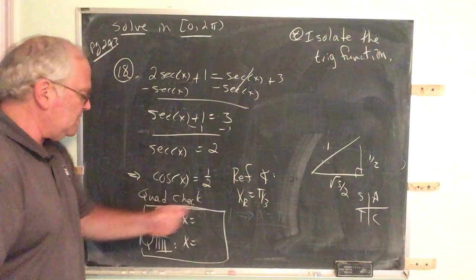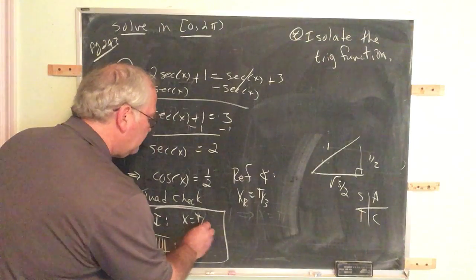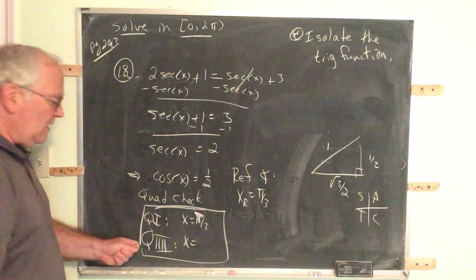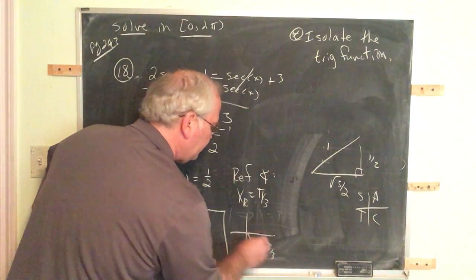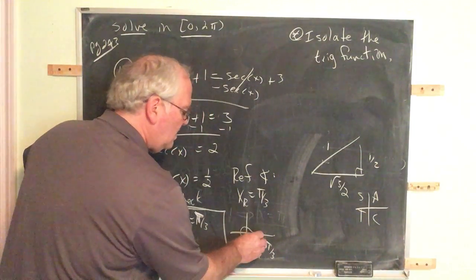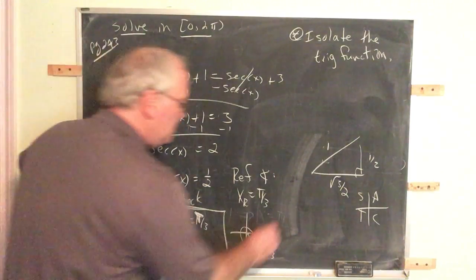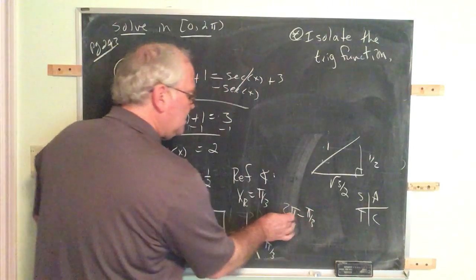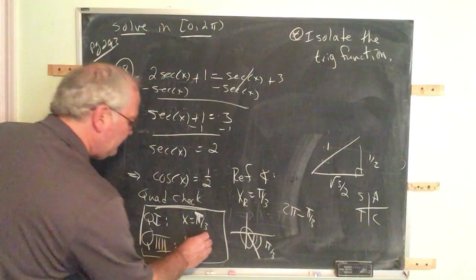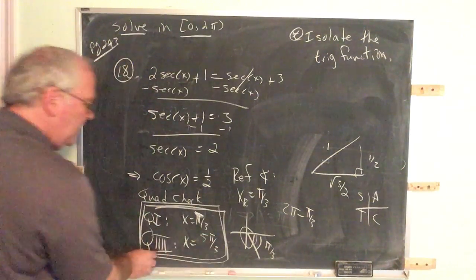Pi over 3 in quadrant 1 as a reference angle. Well, reference angle is the same as the angle in quadrant 1, pi over 3. And in quadrant 4, we know what that is. If this is pi over 3, that's 2 pi subtract off pi over 3. 6/3 minus 1/3 is 5/3. And so that's our solution.